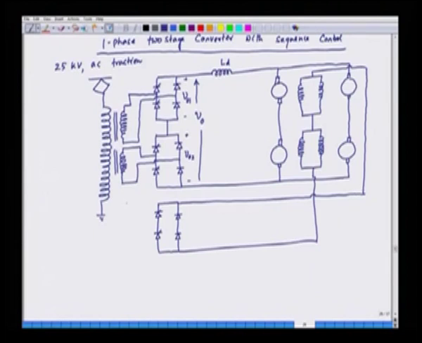So, we have the field, and we have another secondary of the transformer. So, these are the field supply, and this is the armature.